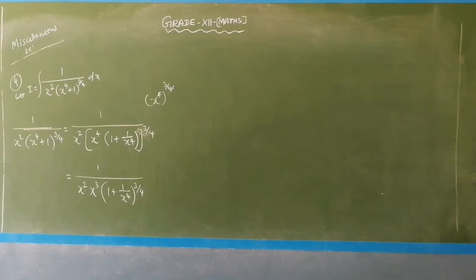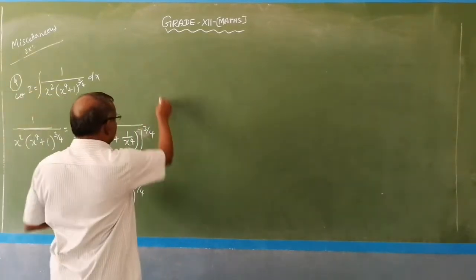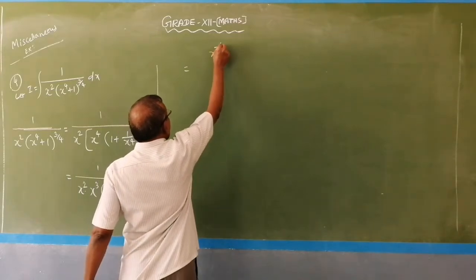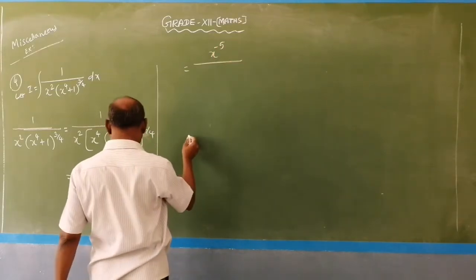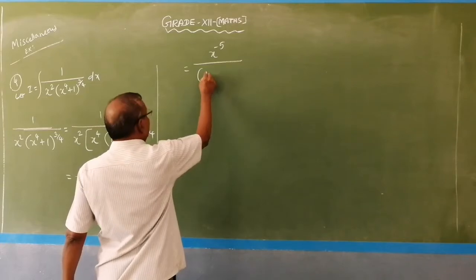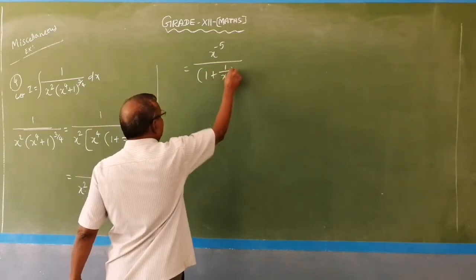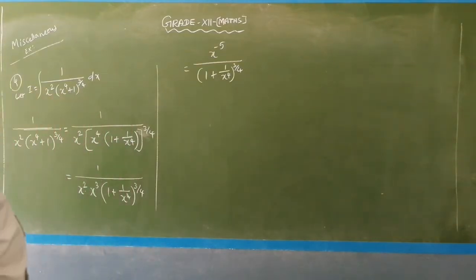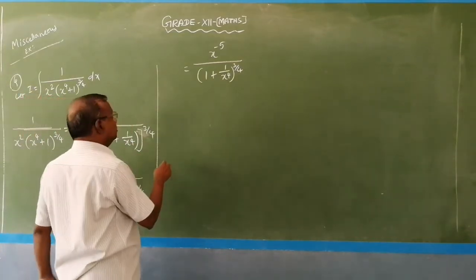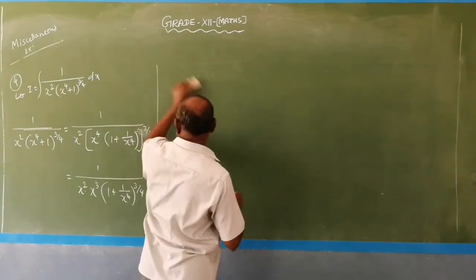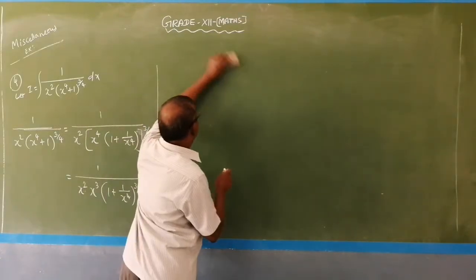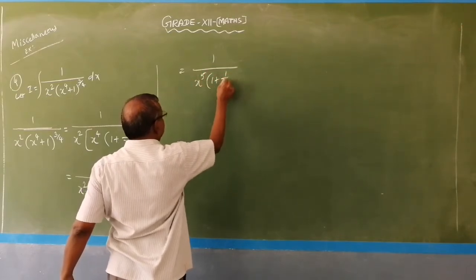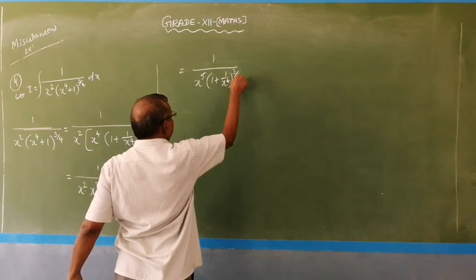So that is equal to 1 by x power 5 into 1 plus 1 by x power 4 whole power 3 by 4.